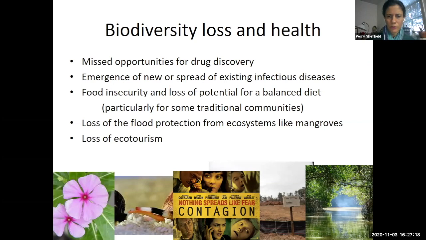And then I alluded to, but also this idea of loss of ecotourism. Many communities have a lot of economic input from other people coming to see what is special, whether that's the leaf peepers of New England in the United States or certain parts of the Caribbean, we could go on and on about important places and why people go there because of those landscapes and the biodiversity there.